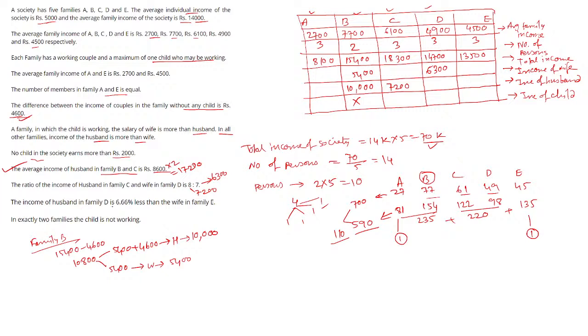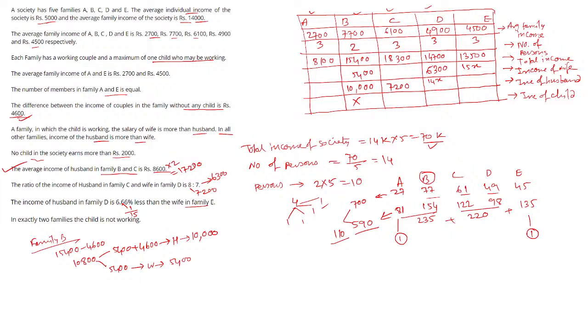Now income of husband in family D is 6.66% less. What does this value mean in fraction? That is 1 by 15, less than the wife in family E. Husband in family D, income is 1 by 15 less than the wife in family E. That means if this is 15x, this is 14x, right?